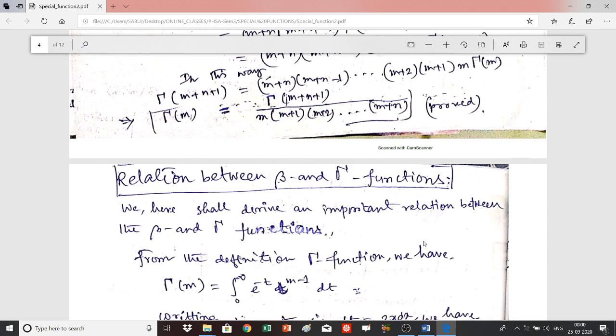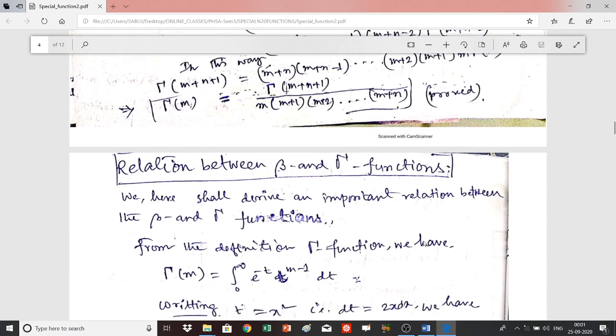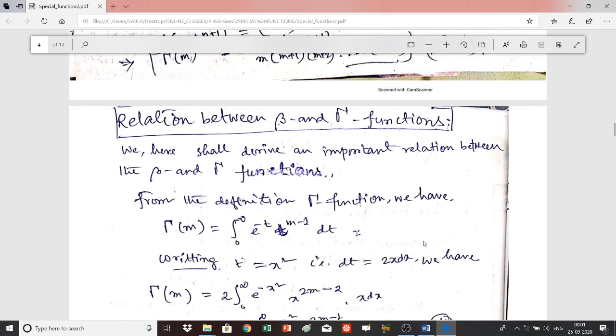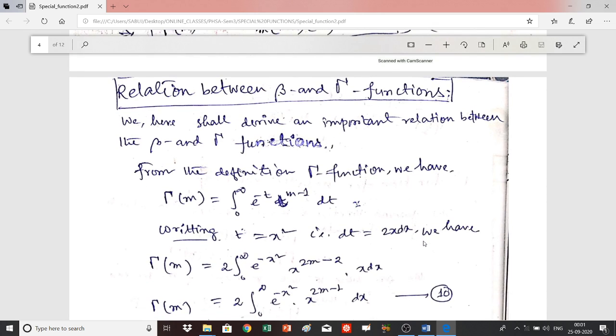Now another important job or calculation we have to do here is to find out the relation between beta and gamma functions. You know that the calculation of the beta function is in some cases rather important and rather complicated.